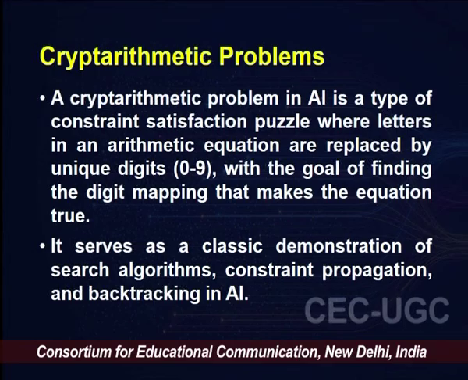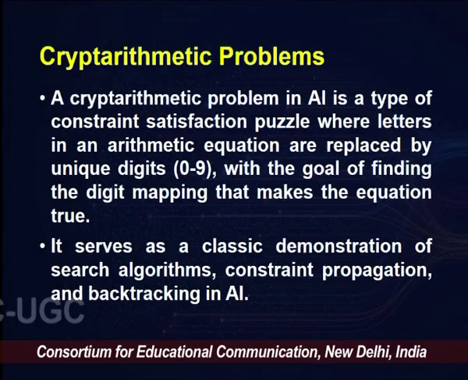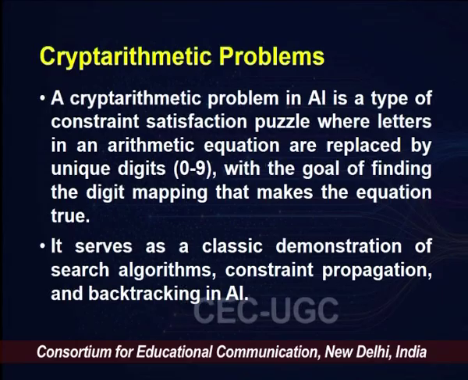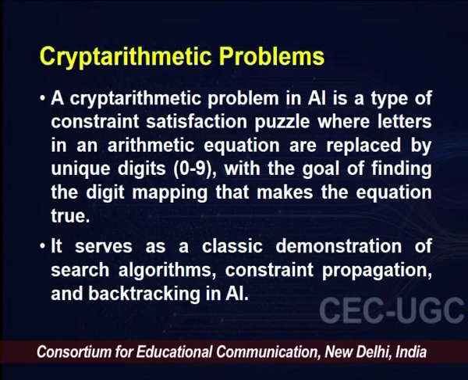The representation should be unique, and the goal is to find the digit mapping that makes the equation true. This kind of problem serves as a classical demonstration of search algorithms, constraint propagation, and backtracking in AI.